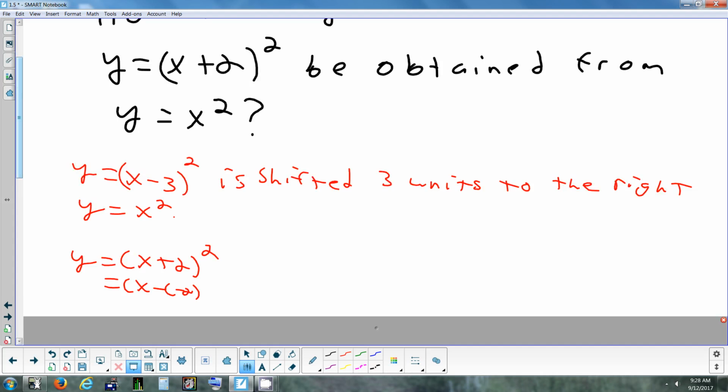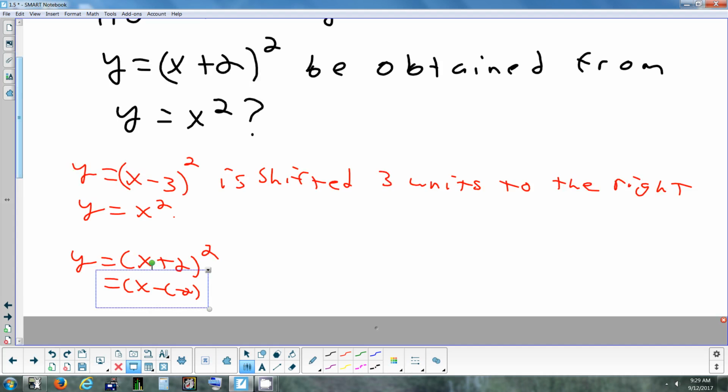Think of it as x minus minus 2. That's a plus 2. So one way to always think of it is put the minus sign in, look at the number after the minus sign. It's a negative. Negative is going to shift left. Look at the number after the minus sign in the one above it. It's a 3. 3 is positive. It's going to shift right. Okay, so that's how I think of it.